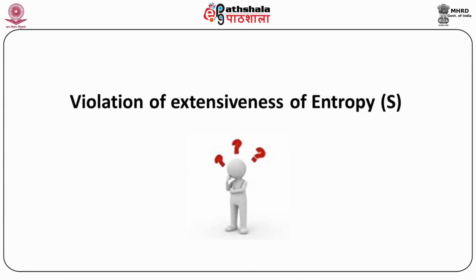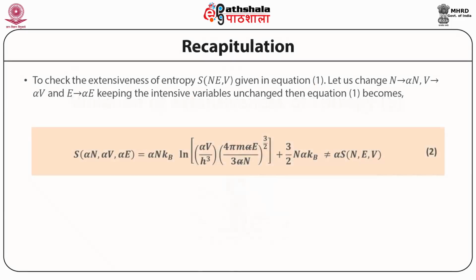Violation of extensiveness of entropy S. To check the extensiveness of entropy S as a function of N, E, and V given in equation 1, let us change N to alpha times N, V to alpha times V, and E to alpha times E, keeping the intensive variables unchanged.